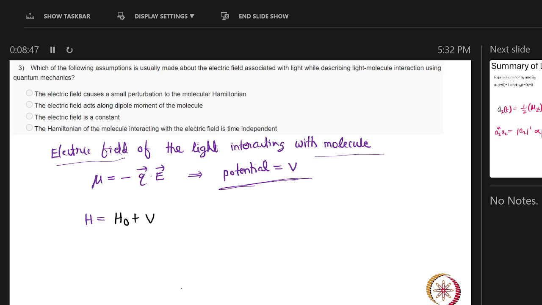So what this potential is doing is causing a perturbation in the Hamiltonian of the molecule.